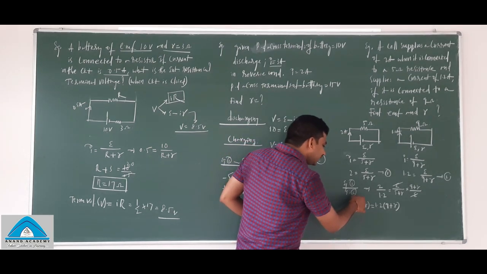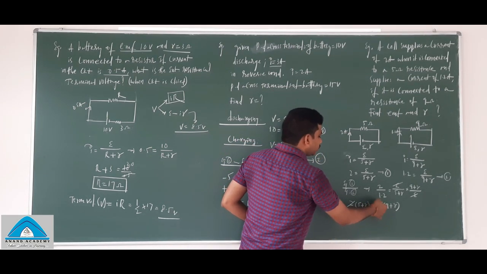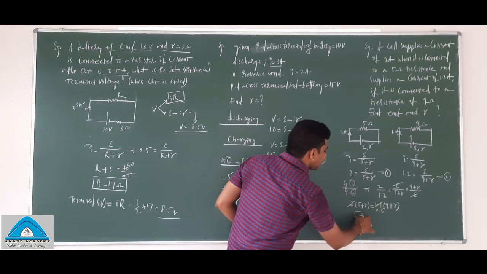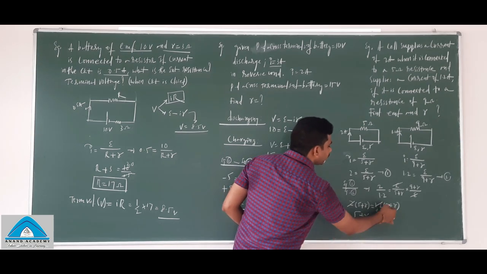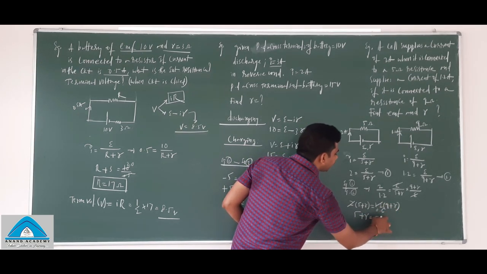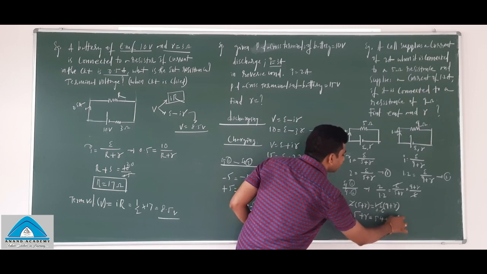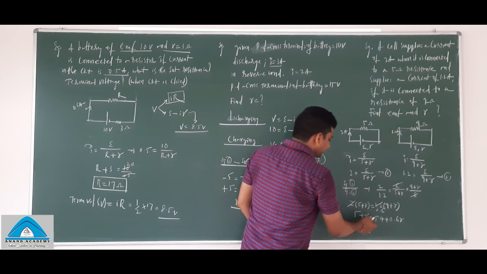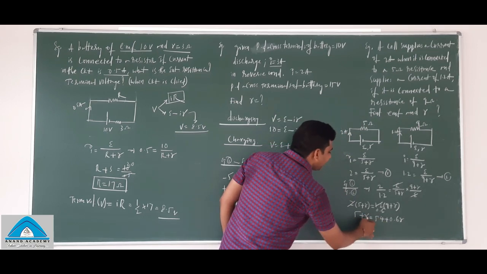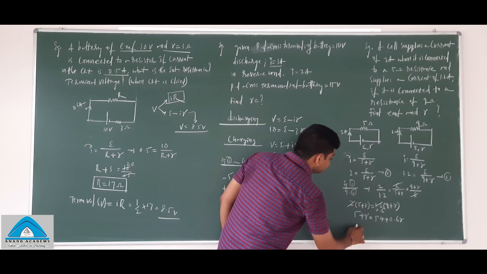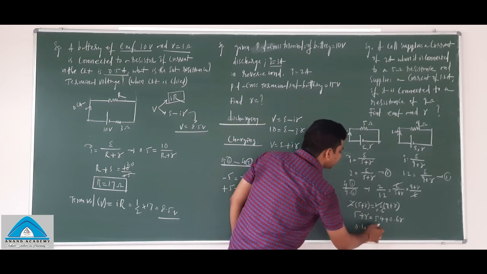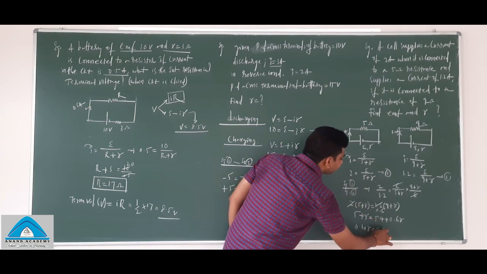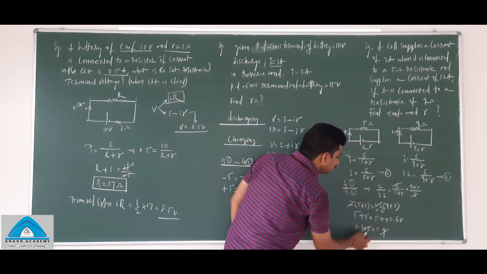Now it's 5 plus r is equal to 0.6 into 9, that's 5.4 plus 0.6r. So from here, r minus 0.6r, it's 0.4r, which is equal to 5.4 minus 5. So it is 0.4. See, r is equal to 1.